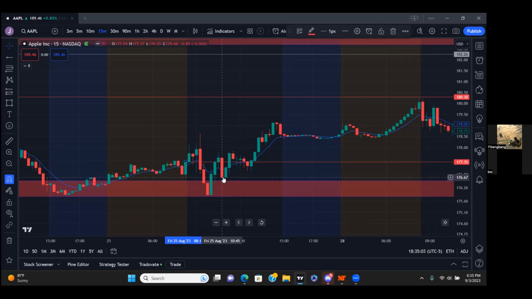Let's see. What day is the 25th? I'm gonna try the 25th. Okay. Let me just draw the same zone as you so I can follow along. Okay, cool. So now go to the 5 minute chart on the same day.